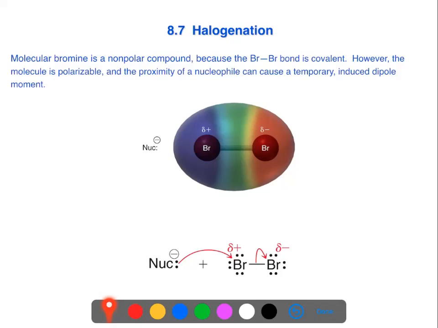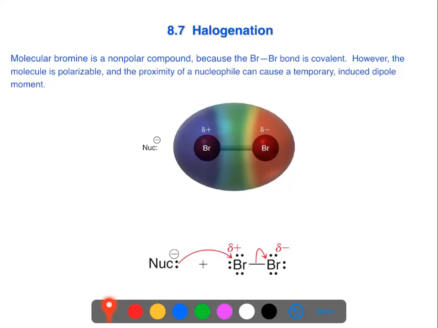If a nucleophile is approaching Br2, a temporary dipole is induced as a result of that interaction. As the nucleophile approaches this diatomic Br2, we see a polarization of the electron density in the molecule. There's a shift of electron density towards the opposite end of the molecule, whereas the bromine closest to the nucleophile will experience a partial positive charge.